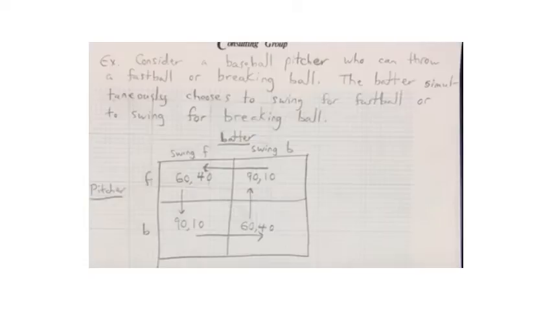So this is a bad game in which to be predictable from either side, and you don't want to get stuck in a pattern. You don't want to always do the same thing. That's a pattern. And you don't want to get stuck in a pattern like fastball, breaking ball, fastball, breaking ball. The pitcher doesn't want to alternate. You want to randomize according to a probability distribution.